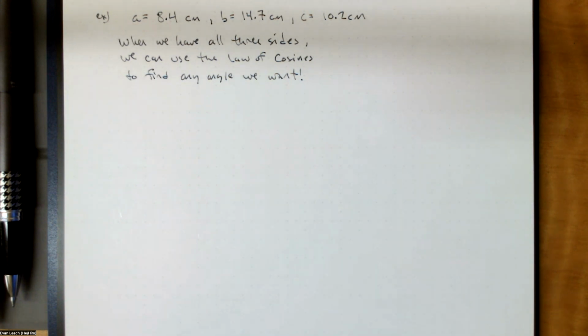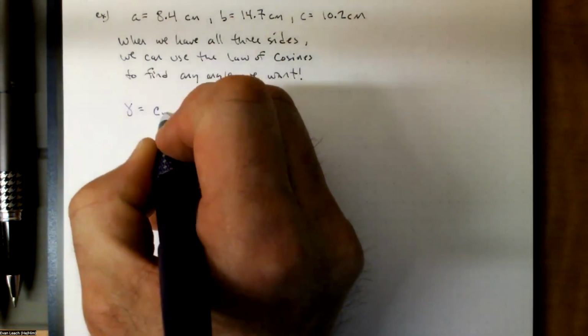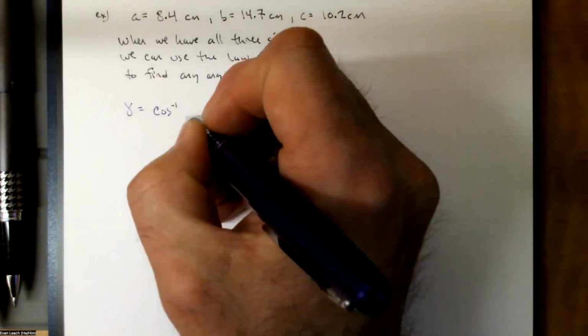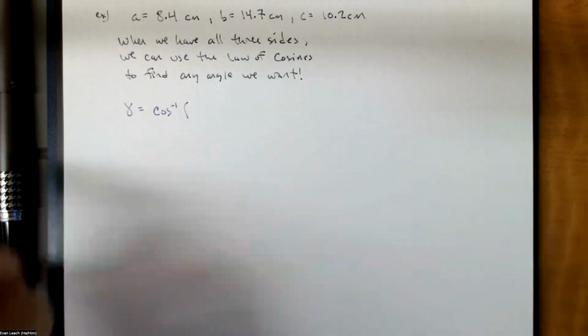Fortunately, it's pretty simple here. We just pick one and find it. So let's suppose that we want to find gamma first. We're going to do a cosine inverse of, in this case, the negative one, since we're finding gamma, the negative one is going to be C. So it's going to be A and B. Those are going to get positive.